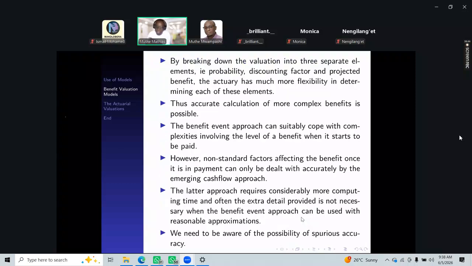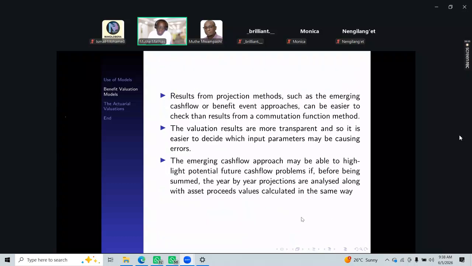And here the other comment is more about commutation, which does not make much sense anyway, right? So you can read more about this, just the comments about the approaches.